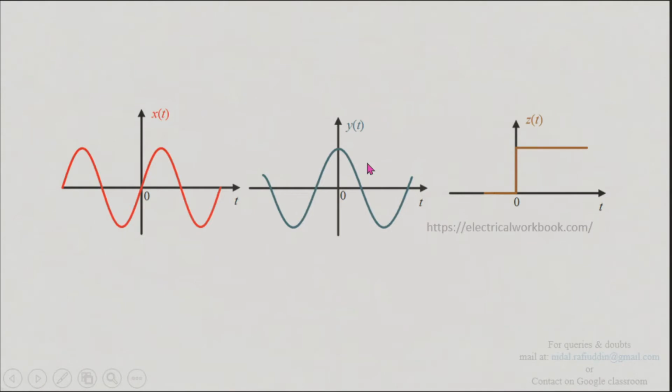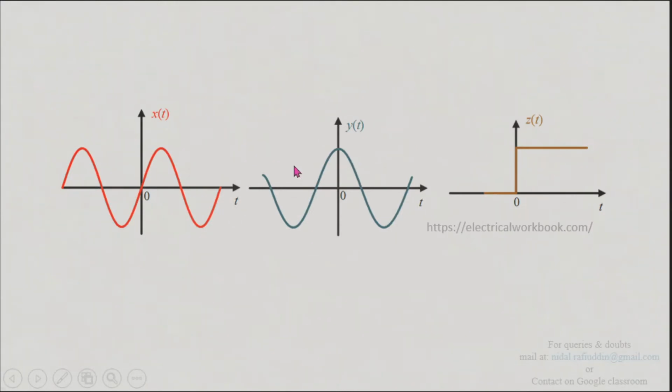So here are three examples of even, odd, and a signal which is neither even nor odd. If you look at the first one, shown in red, this is an odd signal because the signal is symmetric about the origin. If you flip this about the origin, you're going to get the same signal.